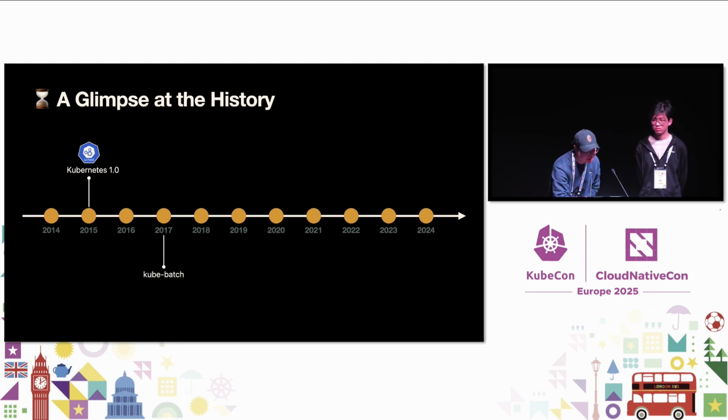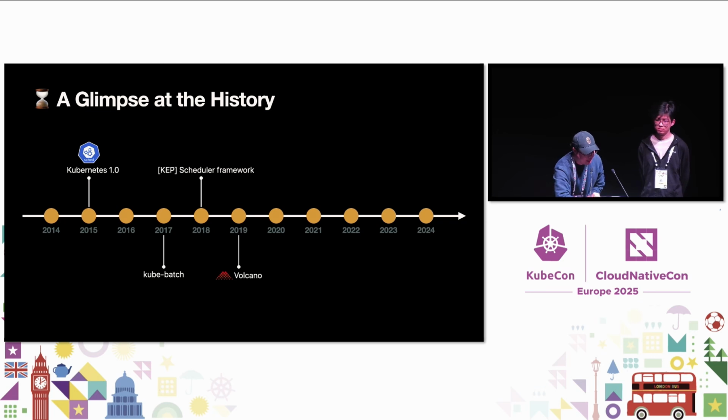But due to some reasons, it didn't go as planned, because by that time, the focus of SIG scheduling was more on exposing the scheduler extensibility as a framework, which is called the scheduling framework, so the project Volcano came into place.